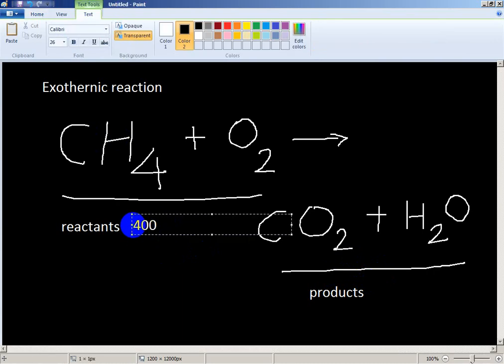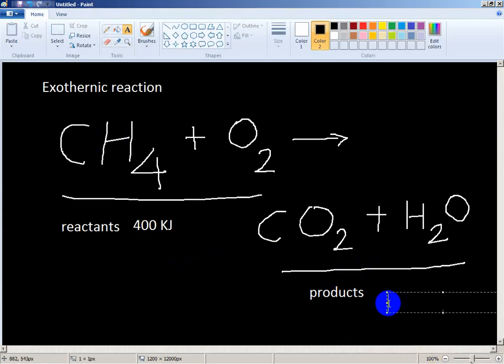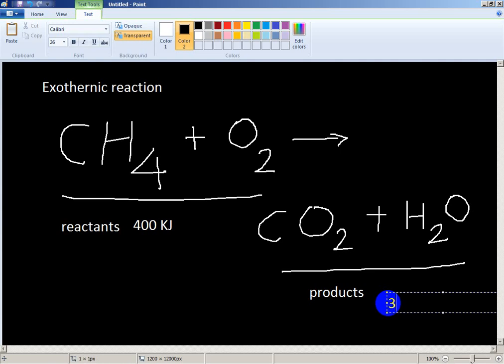For example, it is 400 kilojoules of energy for bond breaking, and for bond formation the energy is 300 kilojoules. Always in an exothermic reaction, bond breaking energy is more than bond formation energy.